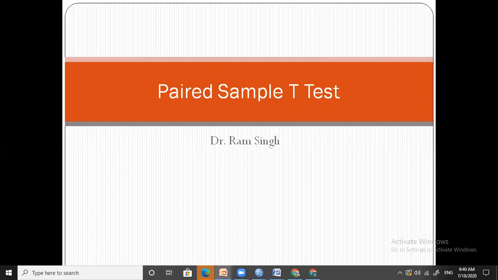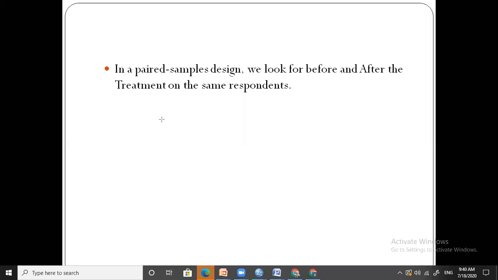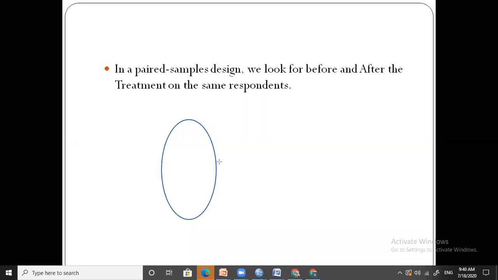But in paired sample t-test, we look at before and after the treatment on the same respondents. Let us try to understand this point. Let's say we have a set of respondents, and they undergo a certain treatment, right?